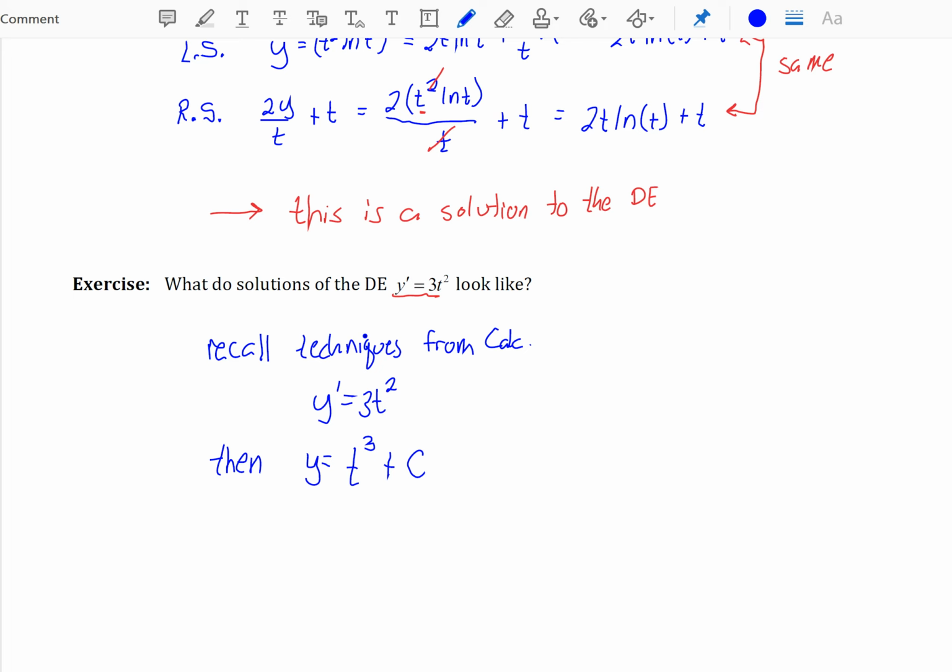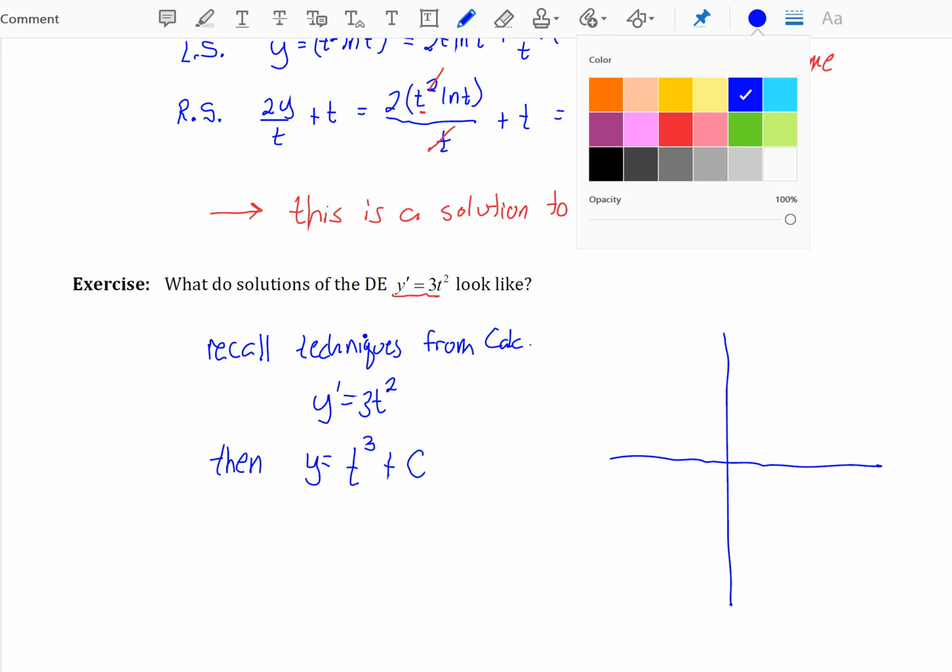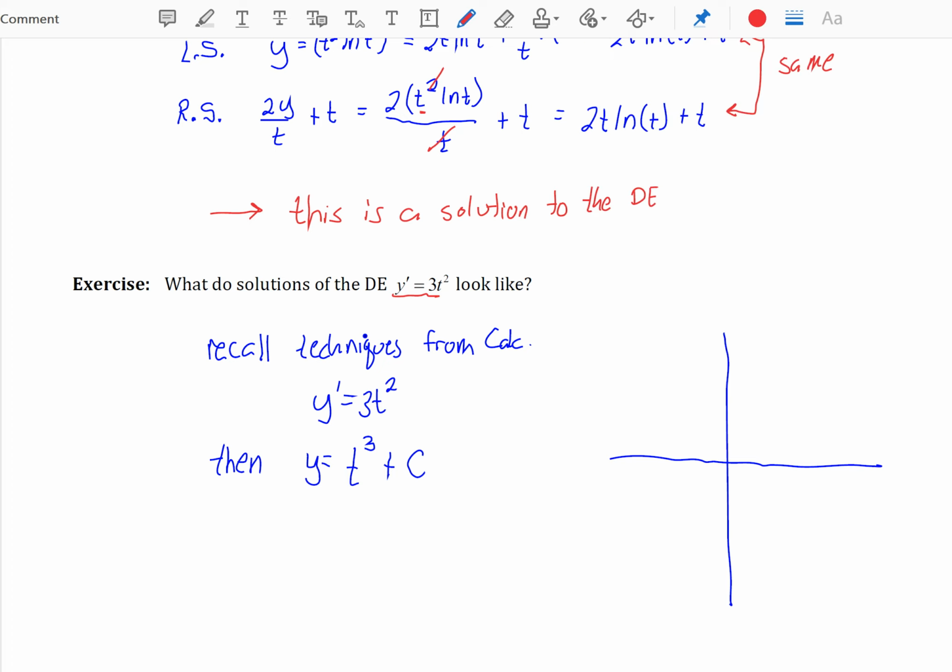Now, in this problem, I want you to imagine, what do these solutions look like? And recall from algebra, we recognize that this constant c represents a vertical shift of the function t cubed.